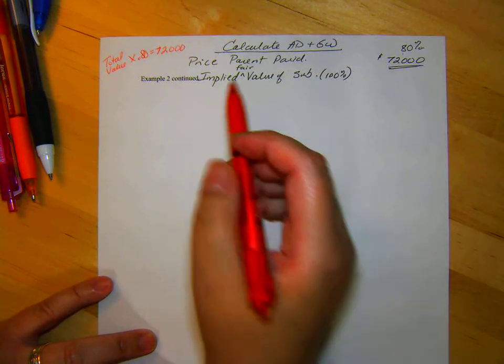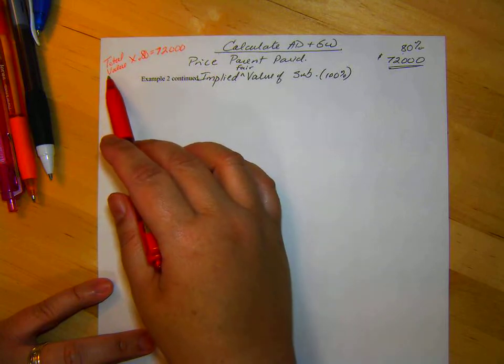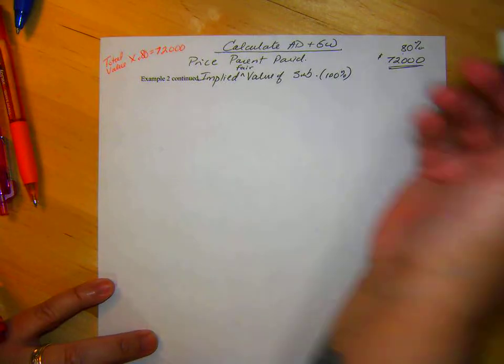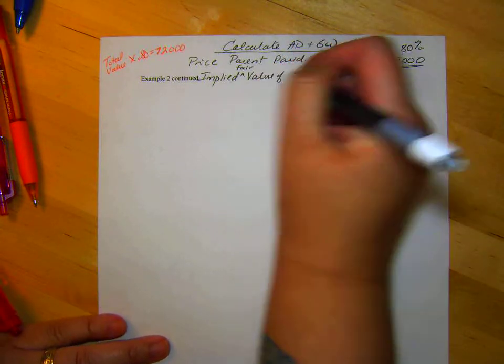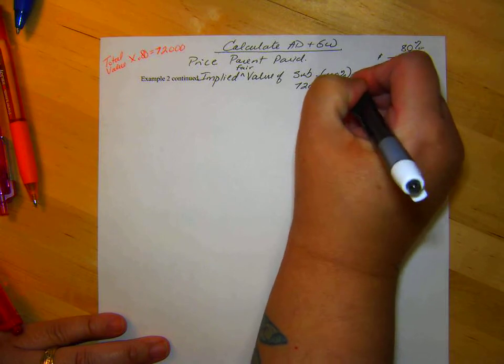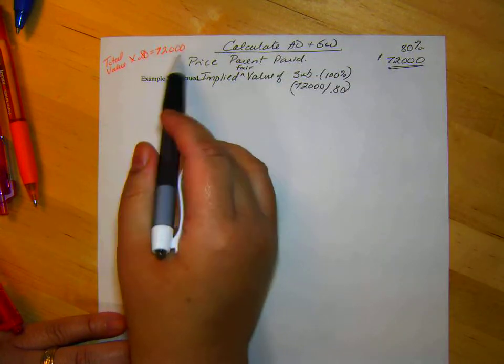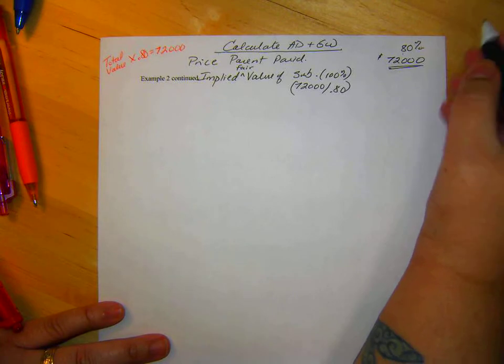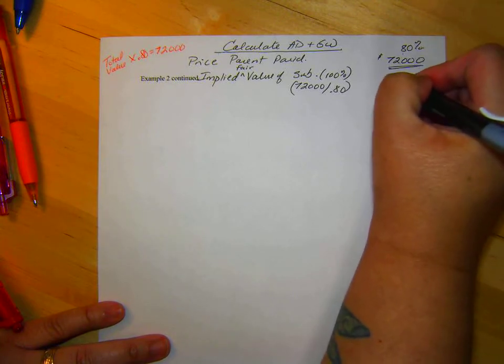So how do we figure out what the total value was? Well, all we do is we take 72,000 divided by 0.8. That gives us the total value, and that gives us 90,000.